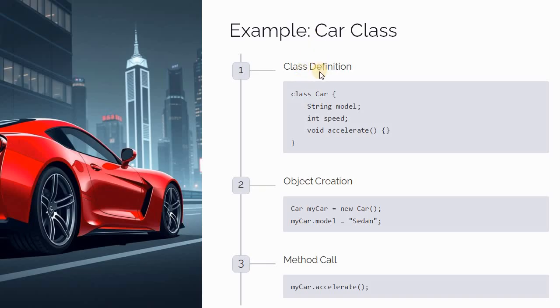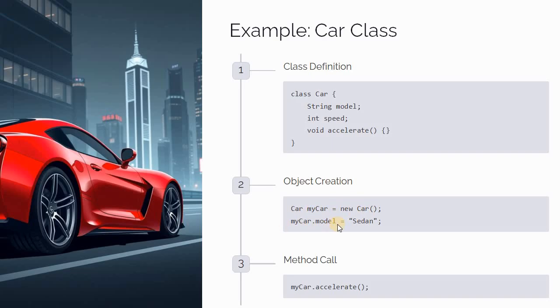Here I have created a simple class definition. Class Car, with a String model, an int speed, and void accelerate as a method. This is the beginning and end of the method, and this is the end of the class. This is the structure of the class. We already saw how to create this object, but let's see one more time: Car myCar equals new Car.